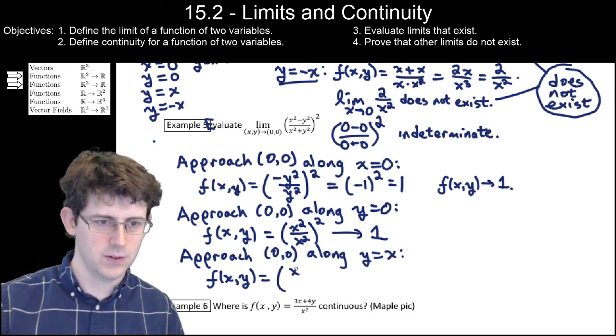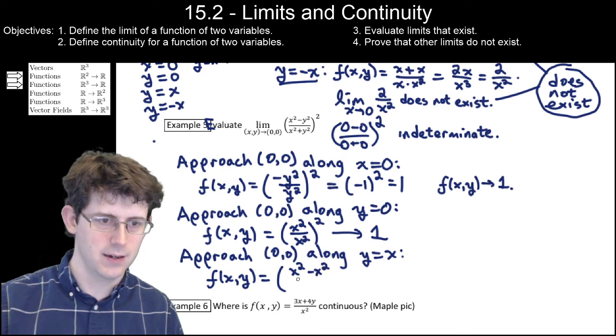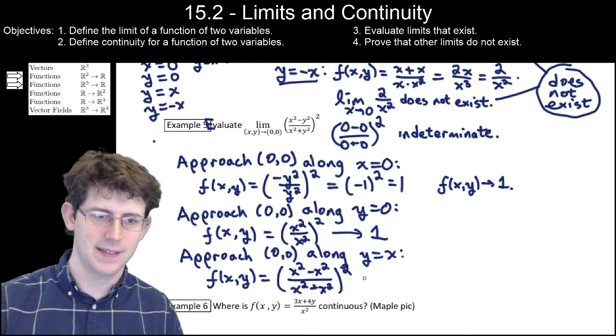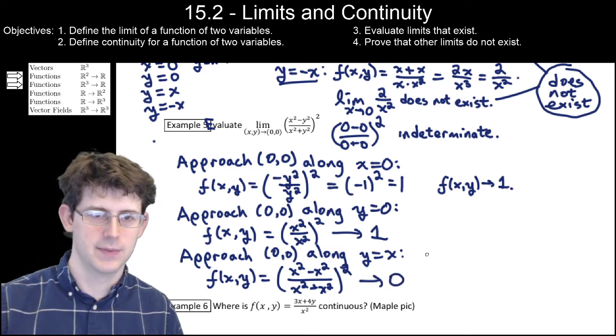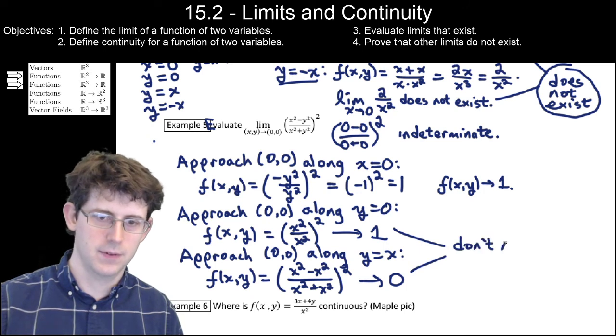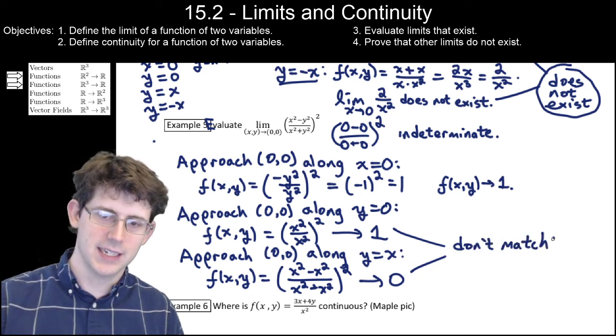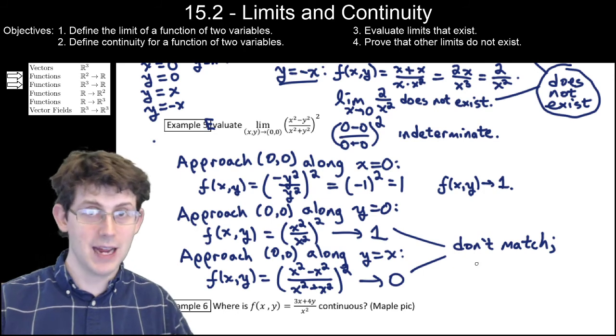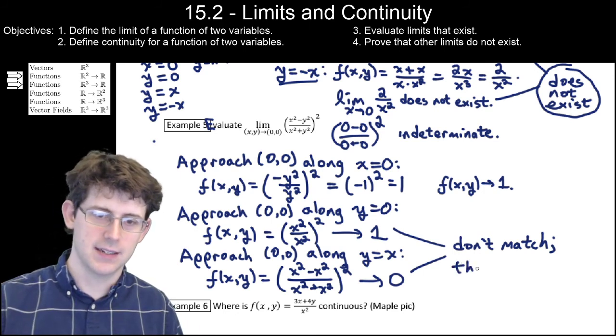Now it's x squared minus x squared over x squared plus x squared, all squared, and that's all 0 all the time. These don't match. If the limit existed, then we would get the same limit from every path, so this limit does not exist.